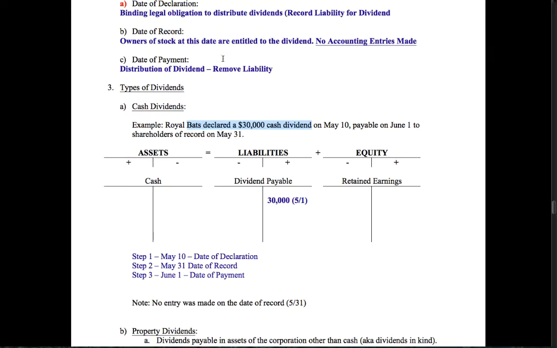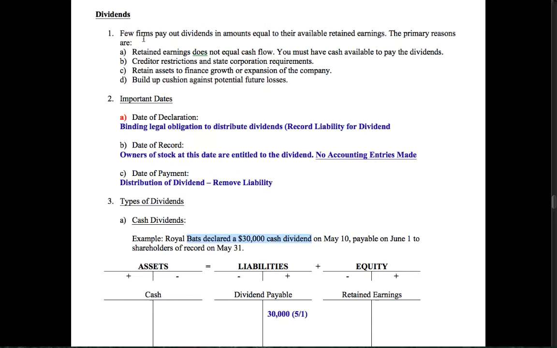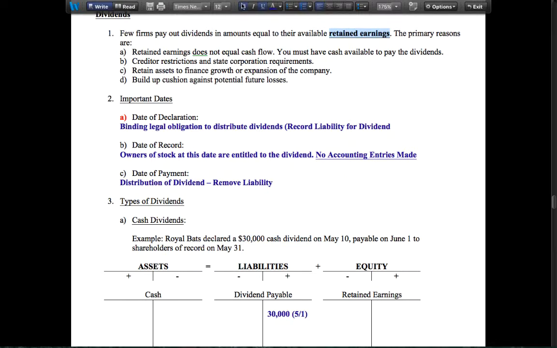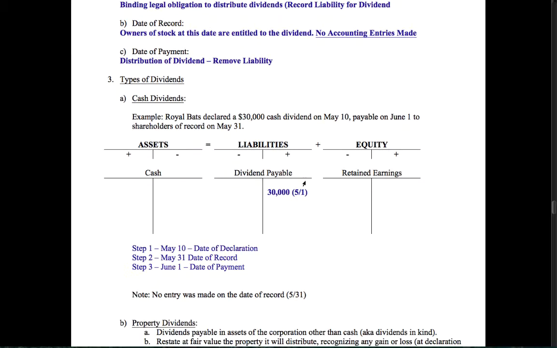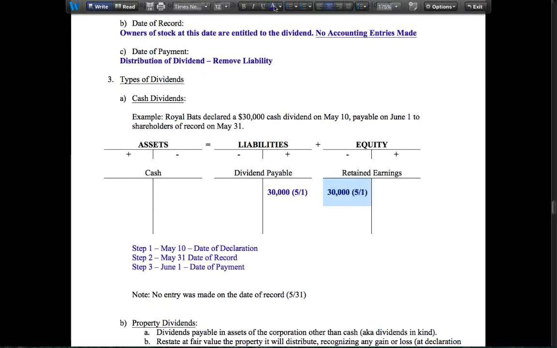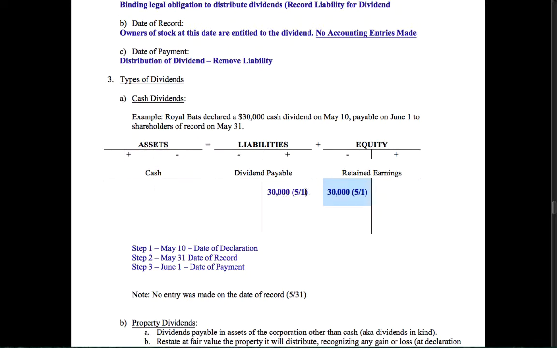As we discussed previously, retained earnings is what drives the dividends. That is what the dividends are coming out of, so we need to decrease the retained earnings by the $30,000.